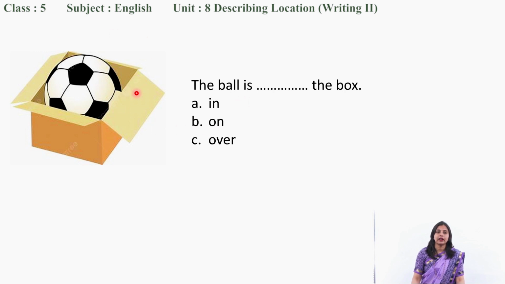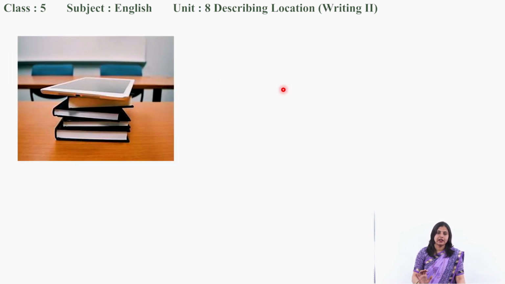Where is the ball? Here is the box, here is the ball. So tell me, what should be used here? Yes, it should be in. It is enclosed inside the box. So, the ball is in the box. Good. Okay. Now, the next one.